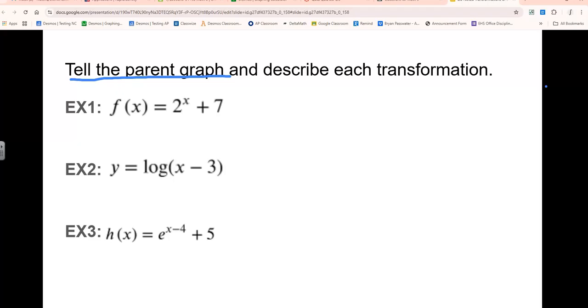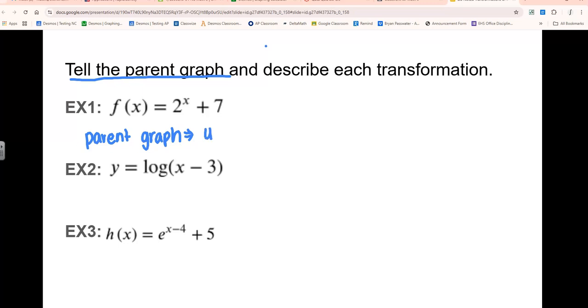A lot of times with logs and exponentials, kids think the parent is part of the transformations, but it's really not. So my parent graph here for the first one is the one that you're starting with, like what type of equation you're beginning with.